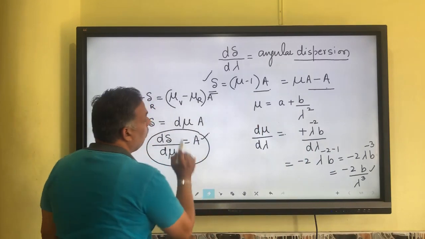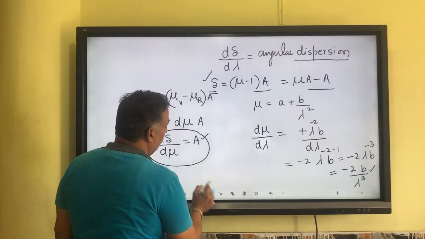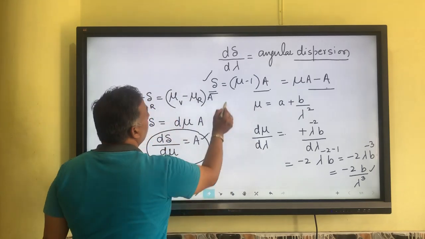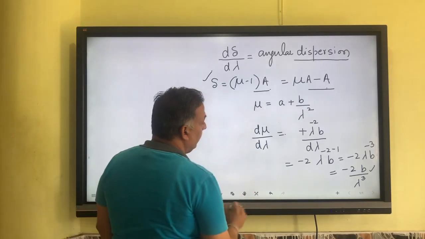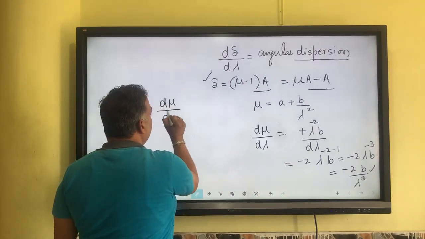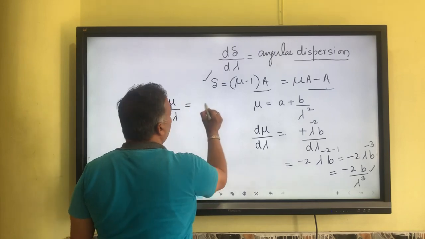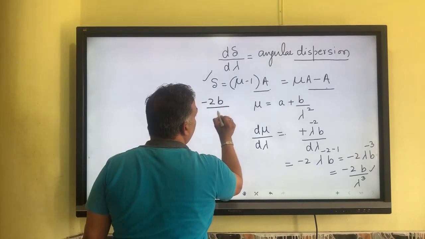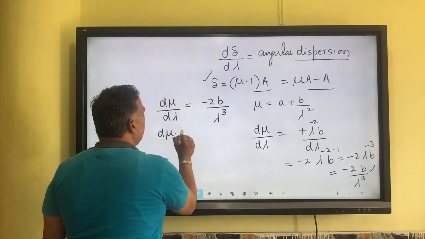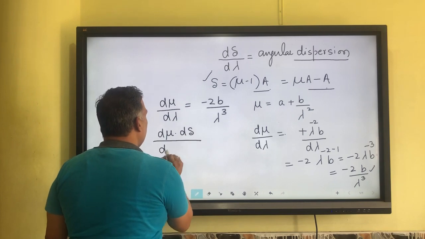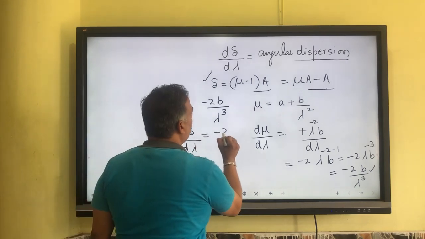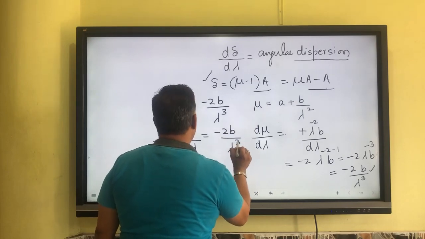So d mu by d lambda is equal to minus 2B upon lambda cube.